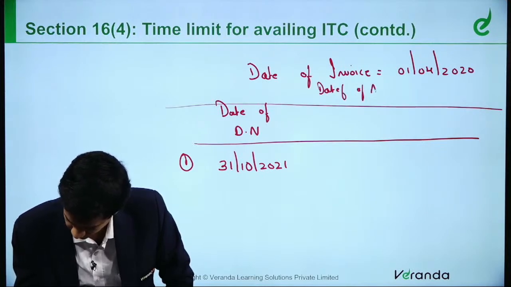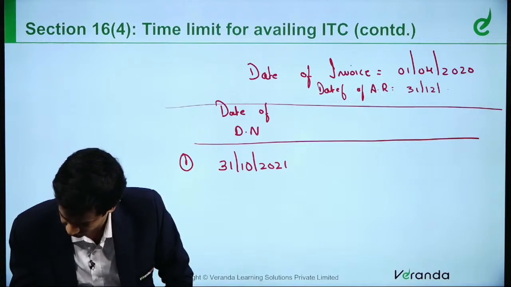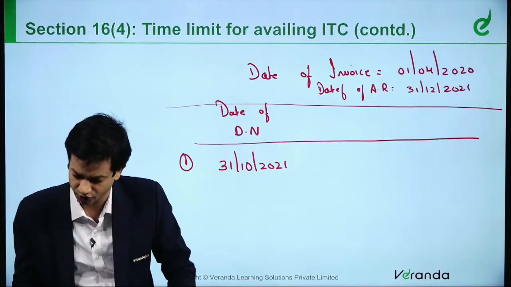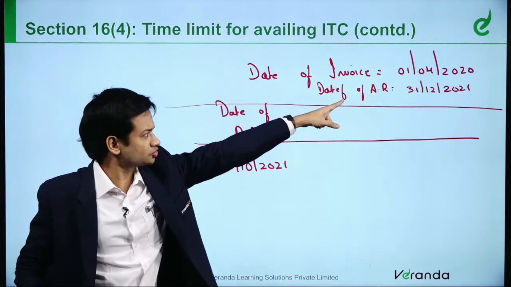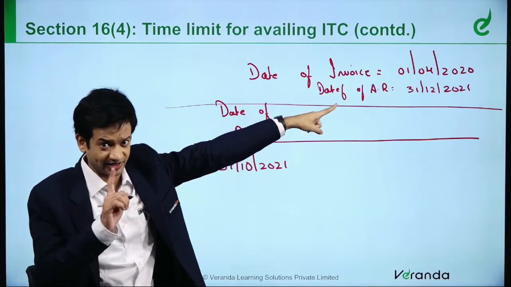Here, for the date of the annual return, I will give 31st December 2021, right? So the last date of claiming ITC is 20th October 2021. We discussed this in the previous slide example, right?